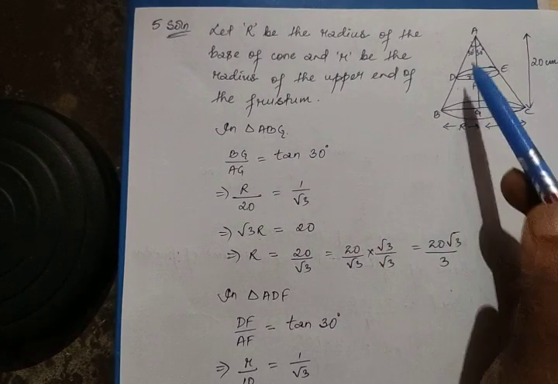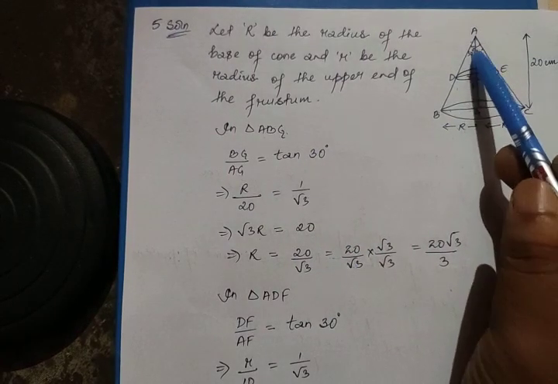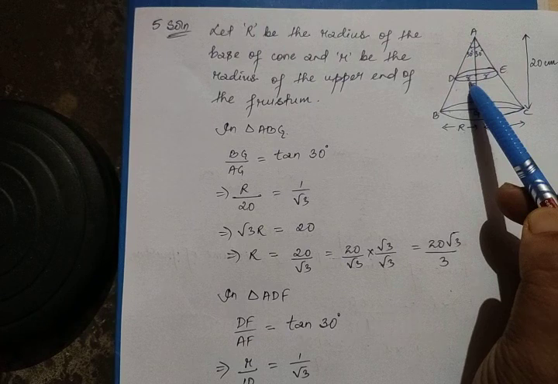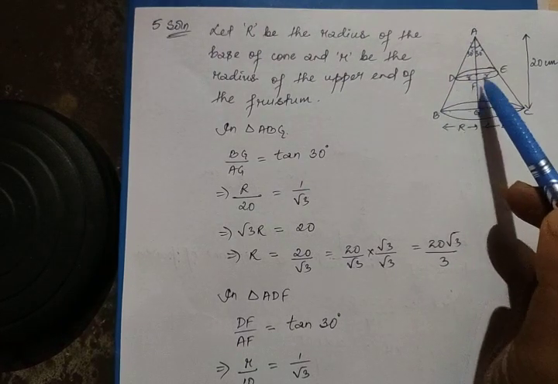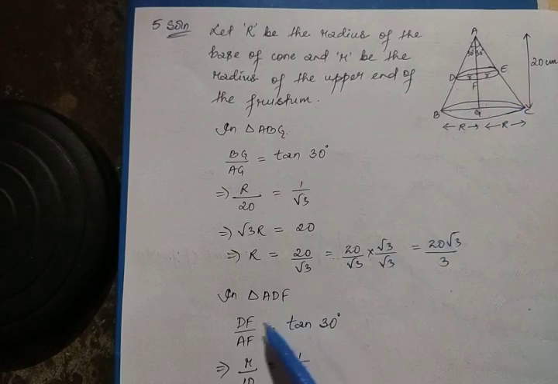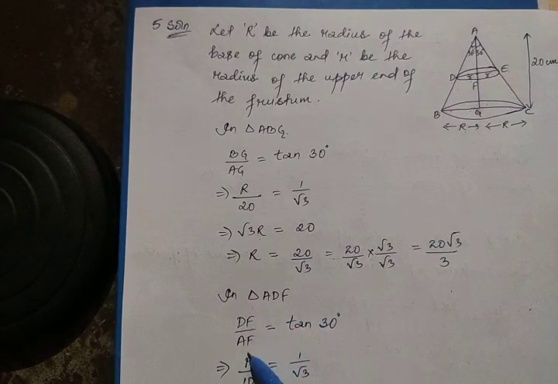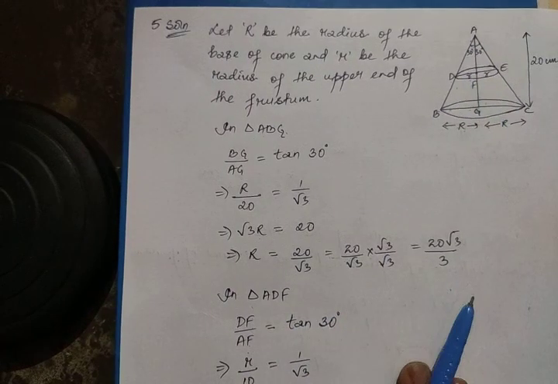Now let us take the upper part in triangle ADF. Here also the same thing, we take perpendicular by base, that means DF by AF. In triangle ADF, DF by AF, perpendicular by base, is equal to tan theta, and the angle is 30 degree, so it will be tan 30.